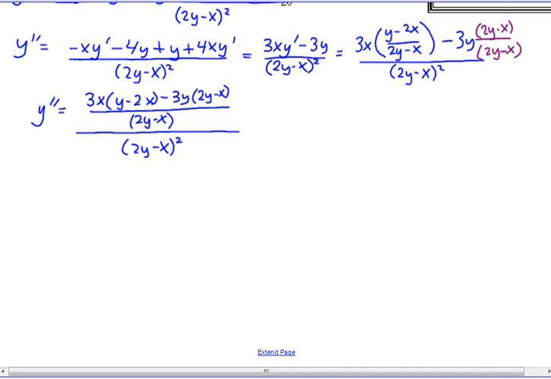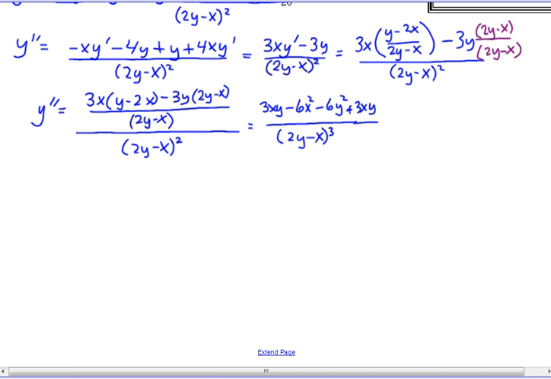Can we make it under 2y minus x to the 3? Yes, that would be nice, a lot prettier. I know, it comes to a point where we're getting there. So the numerator, let's simplify that: 3xy minus 6x squared minus 6y squared minus 3xy.